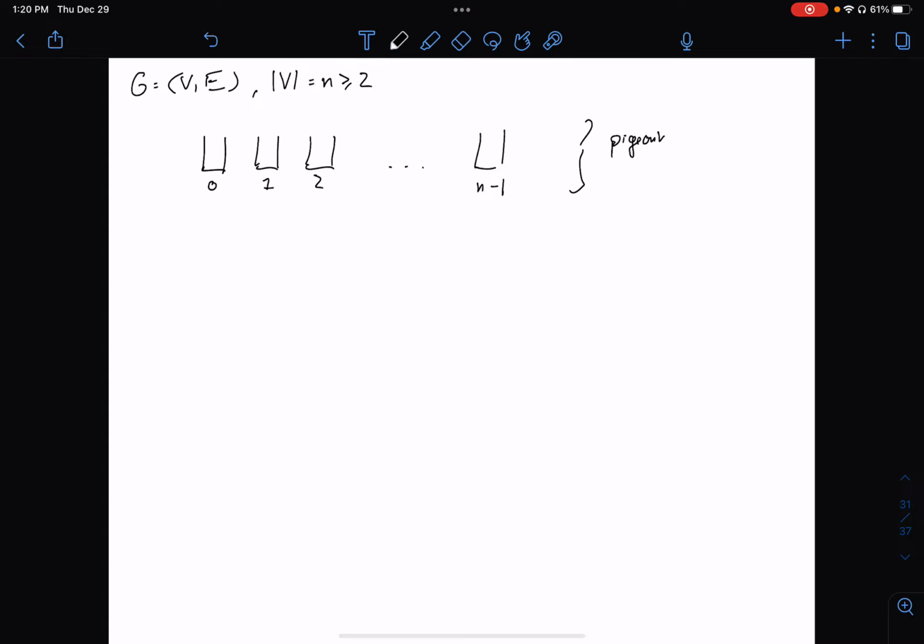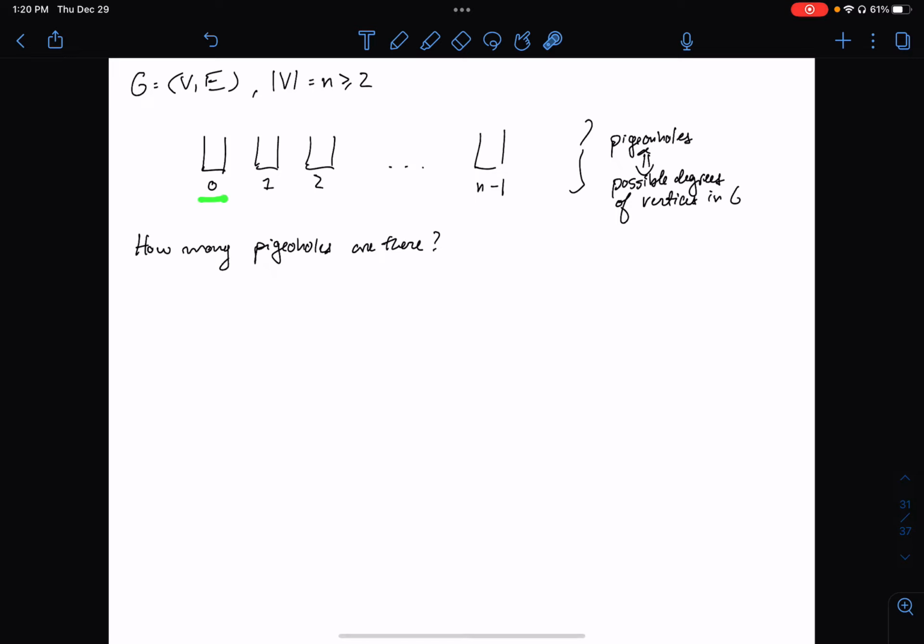My pigeonholes are equivalent to the possible degrees of the vertices in G. Now, how many possible degrees are there? How many pigeonholes are there?